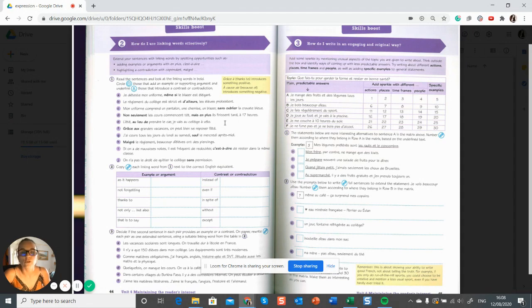So cependant, however, but is a very simple one, but has exactly the same role. So you can use all these kind of things. So it's your task to know whether or not you want to extend on something on the same note, or if you want to balance it on something different.